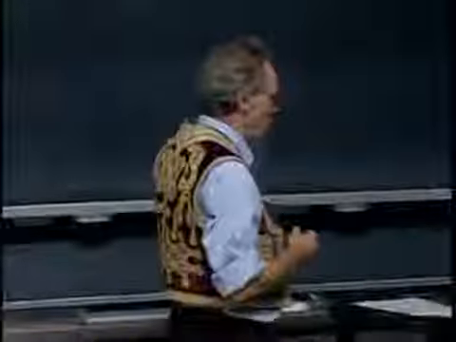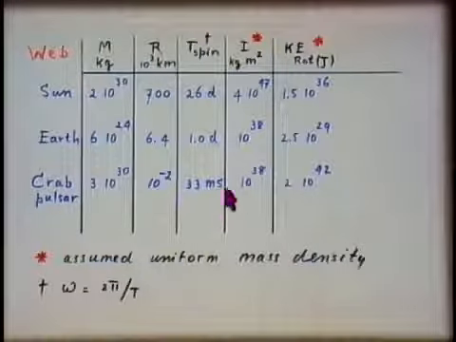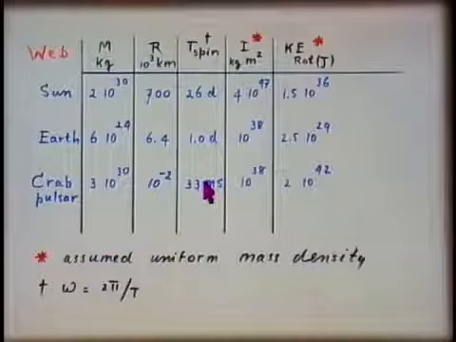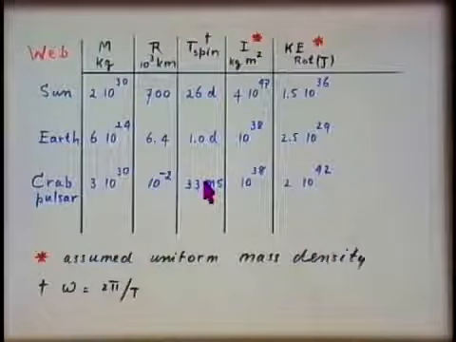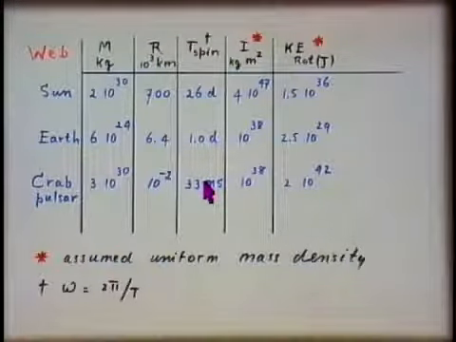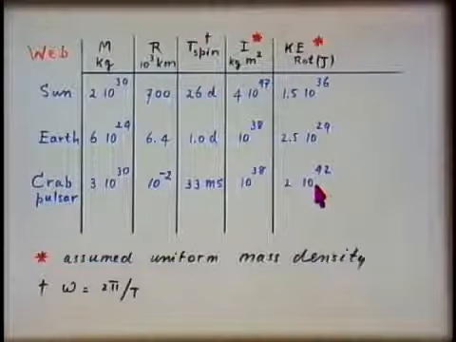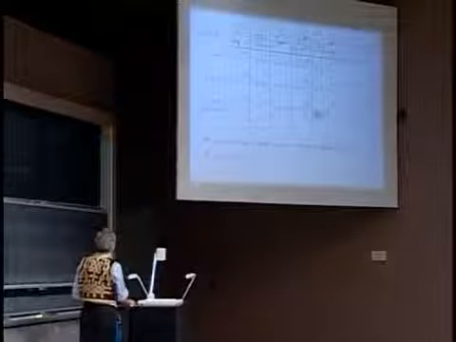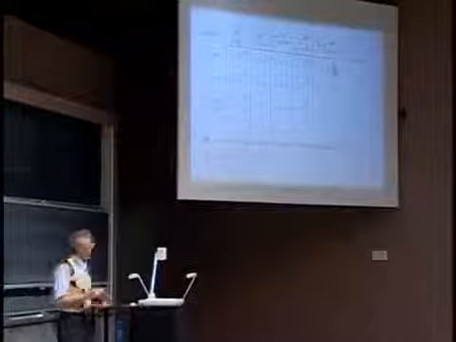However, if you look at rotational kinetic energy, the situation is very different because this neutron star rotates in 33 milliseconds about its axis. So it has a phenomenal angular velocity. And so if now you calculate 1/2 I omega squared, you get a fantastic amount of rotational kinetic energy. You get an amount which is more than 1 million times more than you have in the sun.